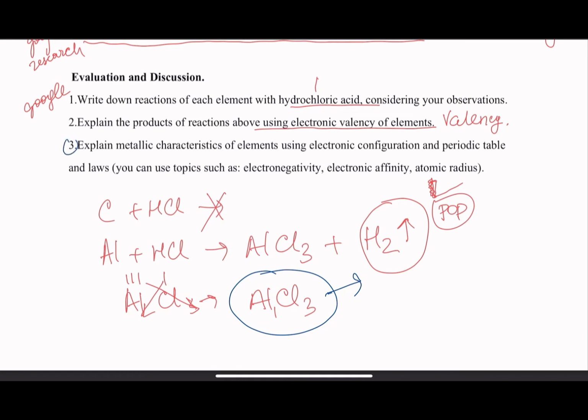Now the third one, explain metallic characteristic of elements using electronic configuration, periodic table, and laws. So metallic characteristics, some of the stuff is given in periodic table. So you need to talk about this stuff. We know that metals have a low electronegativity.